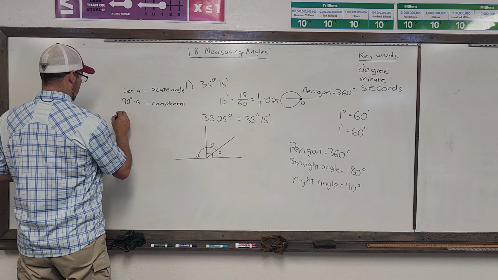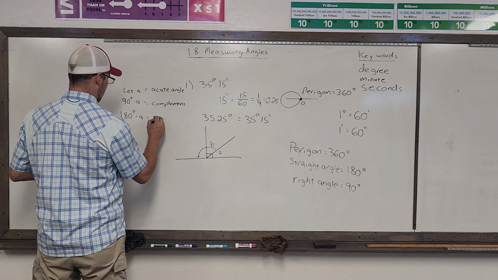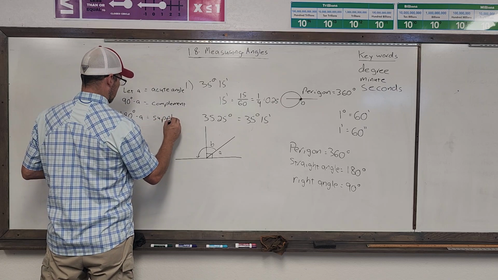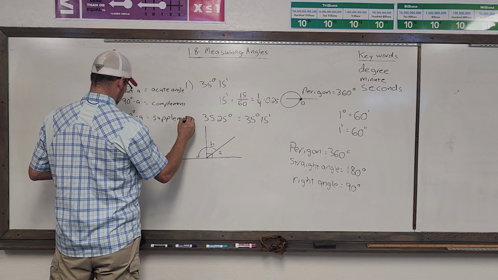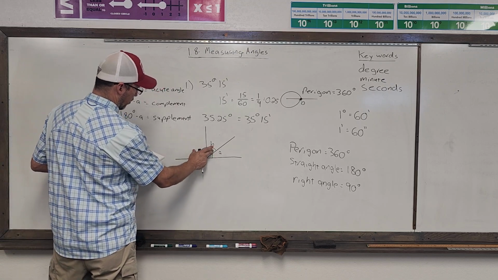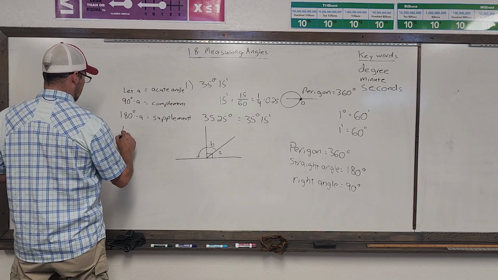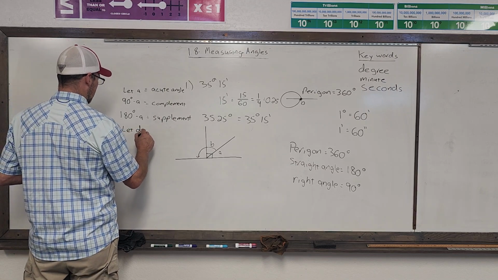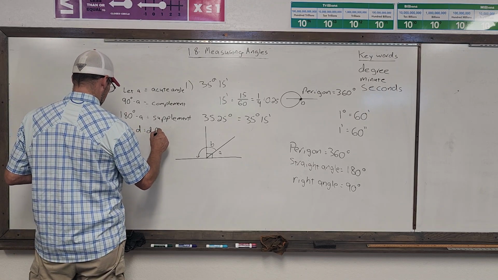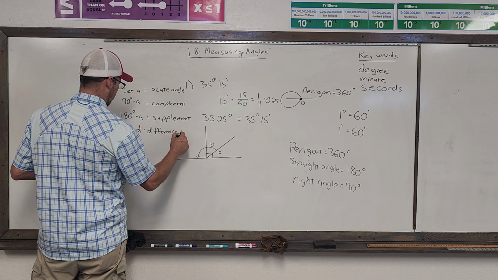Then 180 degrees minus A is going to be the supplement. Okay, the difference between A and all the way over to a straight angle is the supplement. So we're going to let D equal the difference. And we're going to do it in degrees.